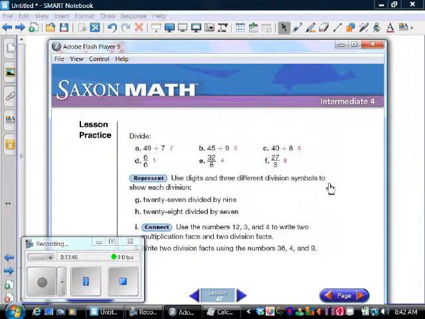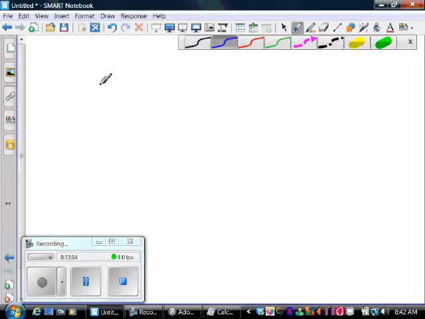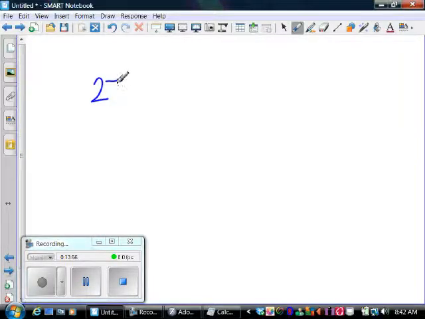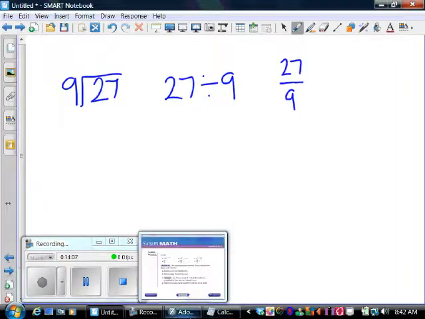Use digits and 3 different division symbols to show each division. Okay, 27 divided by 9. Here we go. I like this best. 27 divided by 9, 27 divided by 9, and 27 divided by 9.